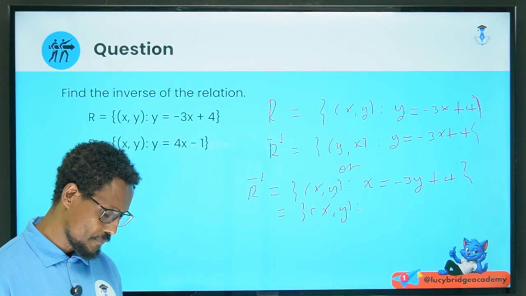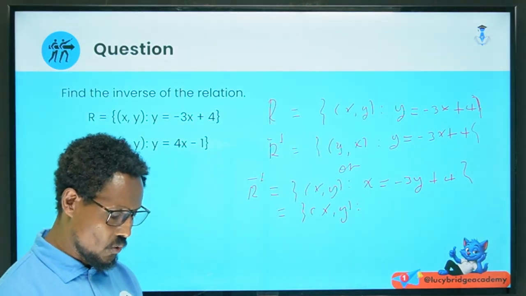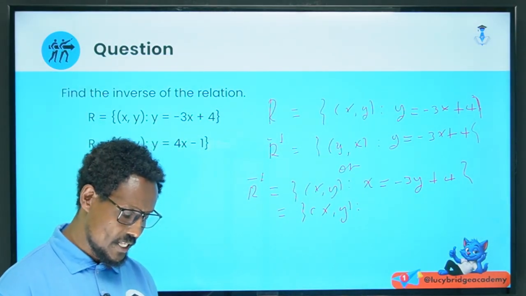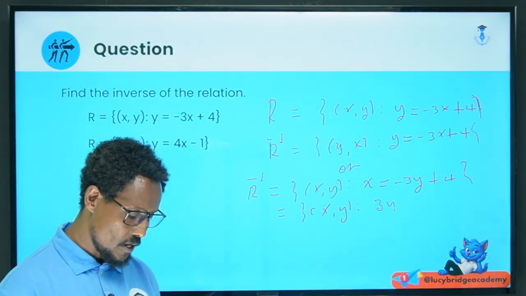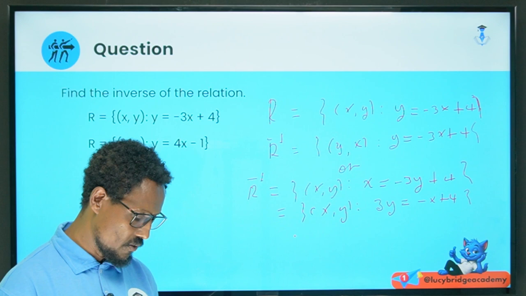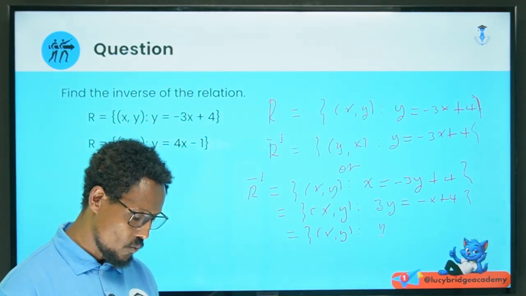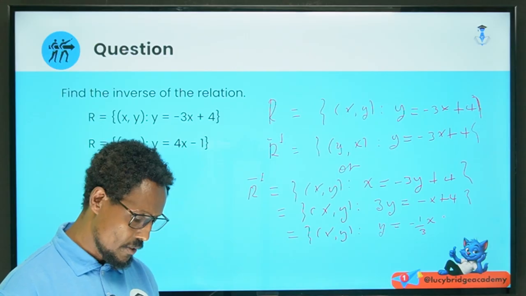Now x is equal to minus 3y plus 4. Write y in terms of x. That means 3y is equal to minus x plus 4. Dividing both sides by 3, y is equal to minus 1 over 3 x plus 4 over 3.